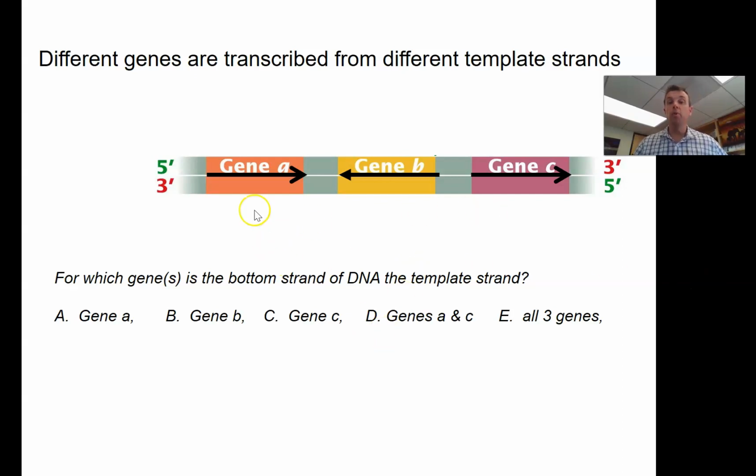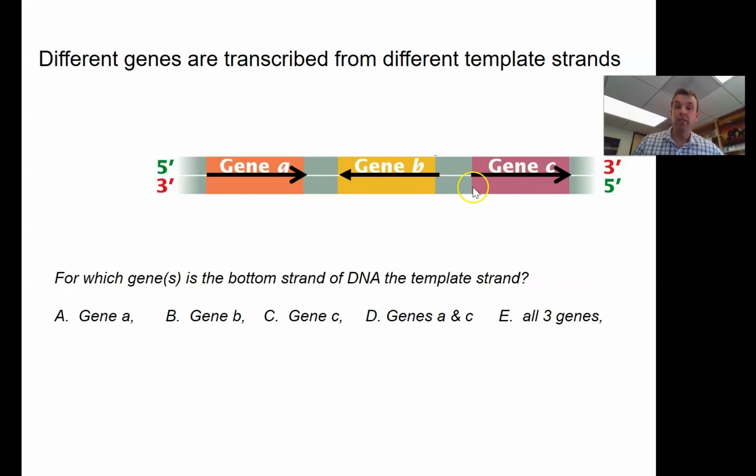Well, we know that whatever direction it is being made in, the strand that is 3' to 5' in that direction is the template. So for gene A, 3' to 5' is left to right, which is the way the bottom strand is 3' to 5' in the direction that gene A is being transcribed. And so the bottom strand has to be the template strand. Same with gene C. It's being made left to right.